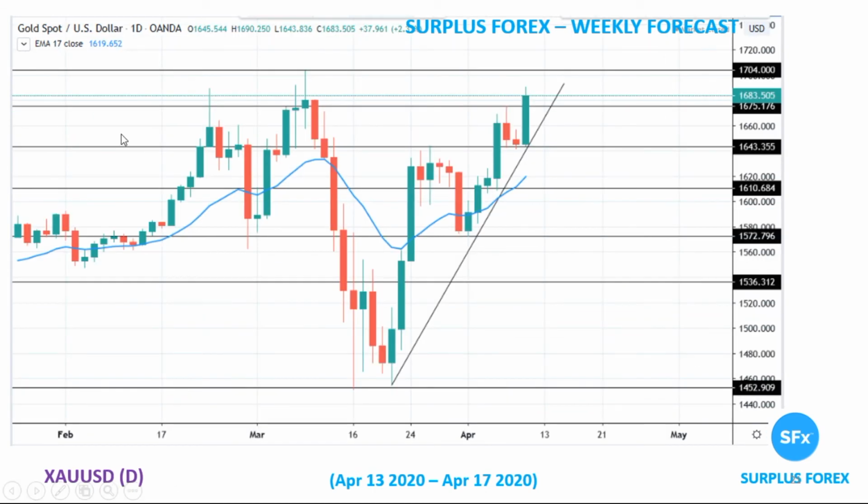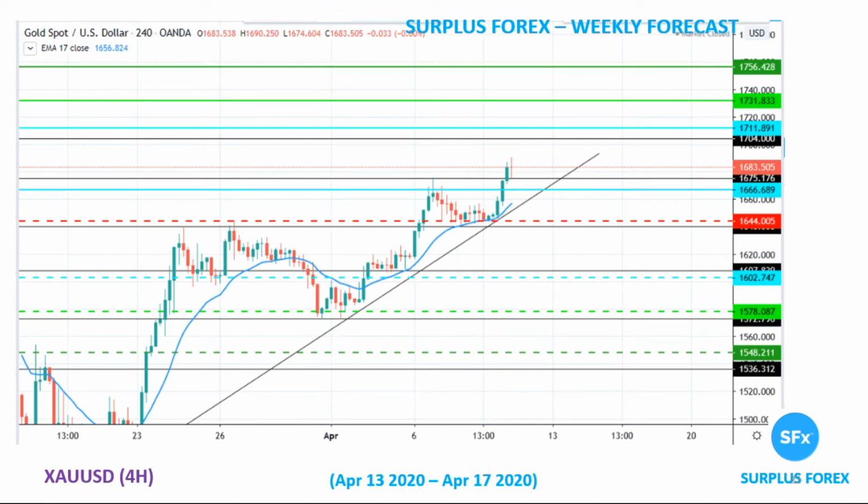For gold USD on a daily time frame, it's rising and as of now sitting way above EMA, and it's following the uptrend line, but for the coming week it might fall, test that uptrend line, and then I expect it to rise further for the upcoming week as USD is falling.